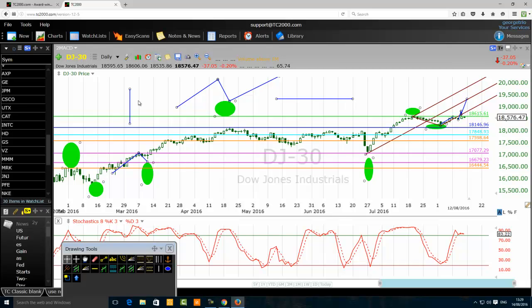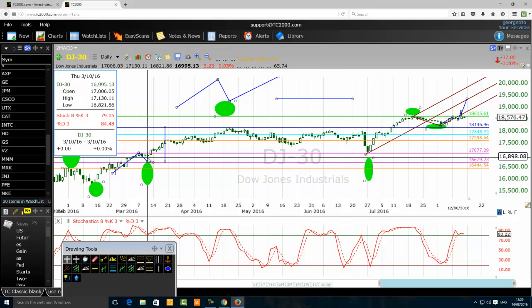So I wanted to show you something else before I wrap it up. You can see that here it is, they bought it at the first money key level, 16679, and then we see that the price went up like this. So here it is, you see here? They bought it in the vicinity, remember this zone. They bought it in the vicinity of the first money key level on the 10th of March 2016, and the price went up.